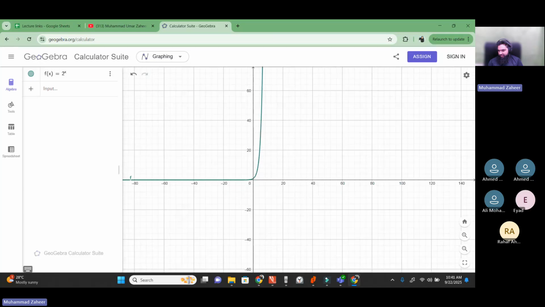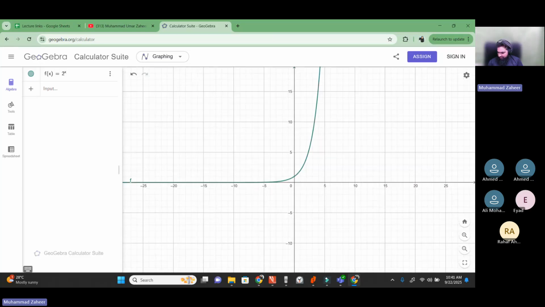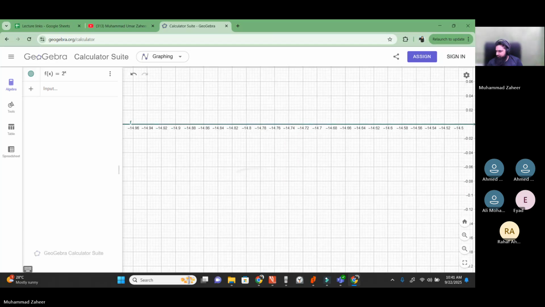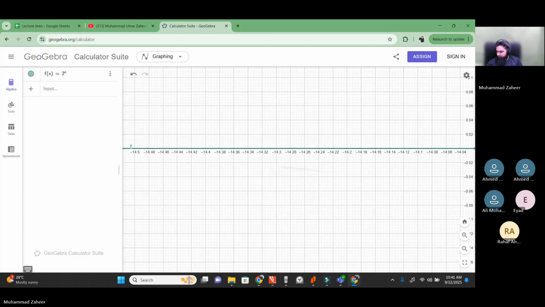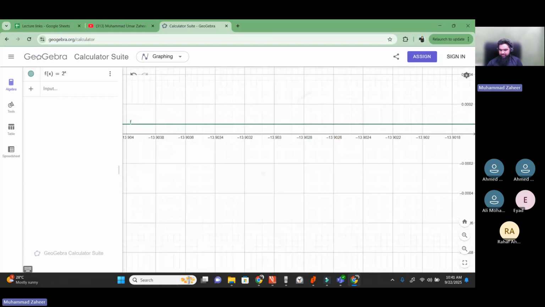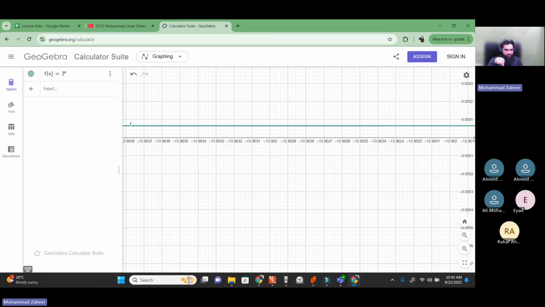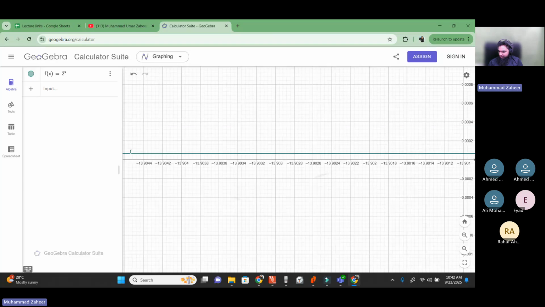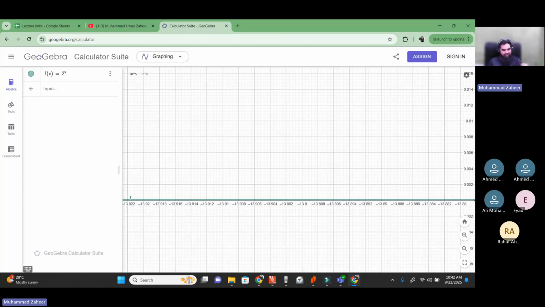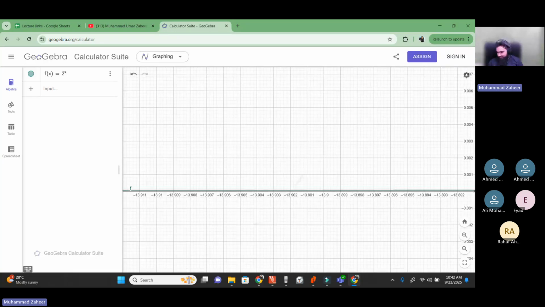The graph is going to look like this line. It is not going to reach the x-axis. It is going to be very close to the x-axis, but it will never touch it. If I zoom out, it is going to look like that. It is above the x-axis.